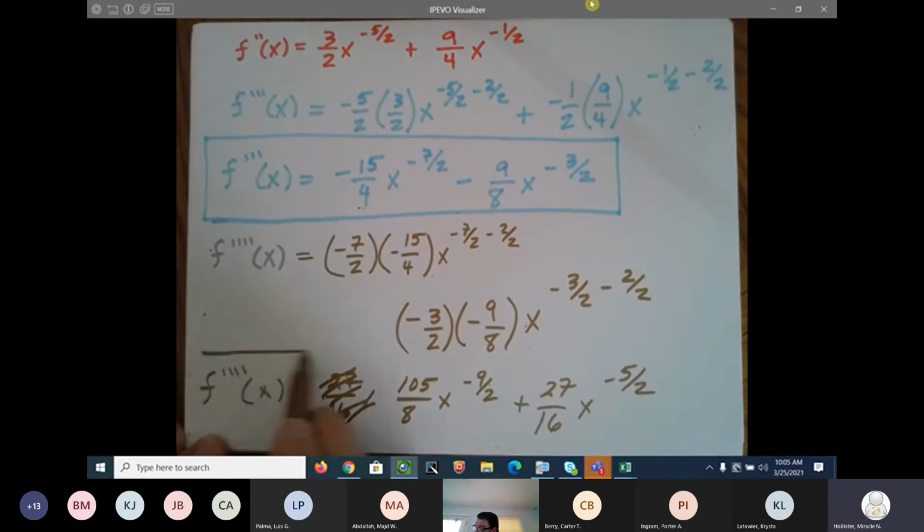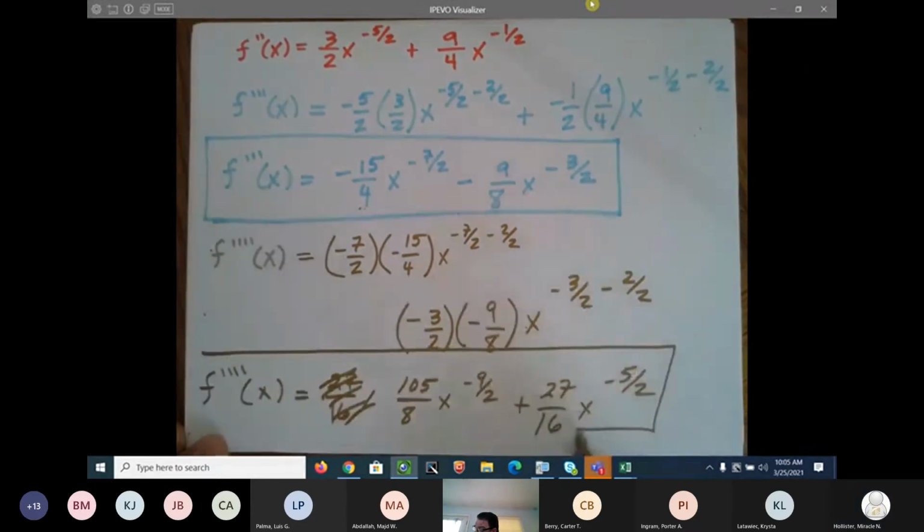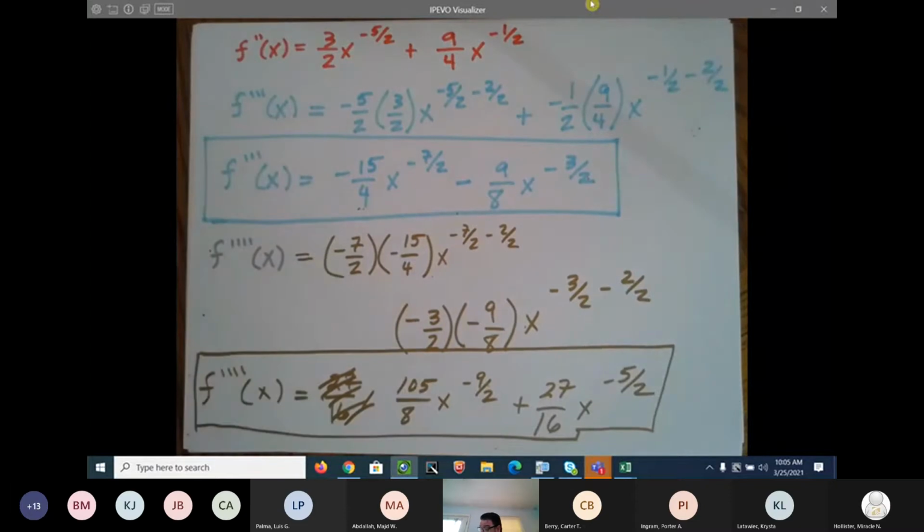Now, let's just check and see, because that's what I got for the fourth derivative. Now, a lot of you are saying, well, why do you need to take all these derivatives? Mathematically, in different areas, science, economics, these derivatives will all tell you something different in the field that you're going into. Now, my field is limited in mathematics, but I do know that the first and the second derivative are the most important in physics.